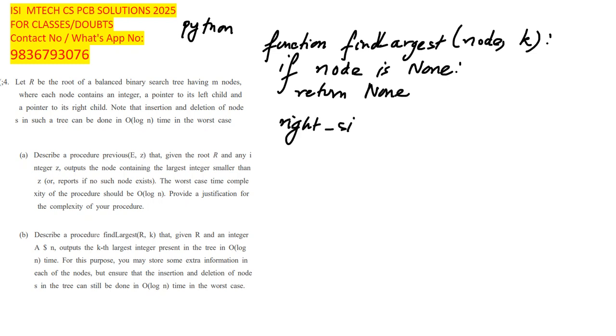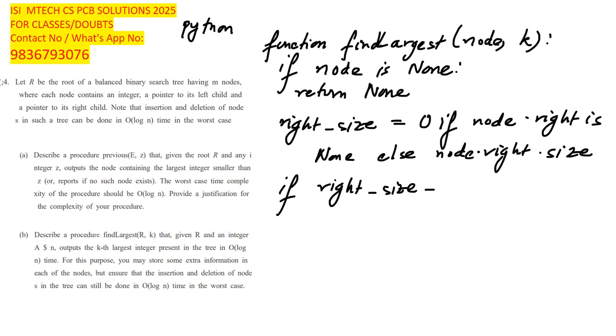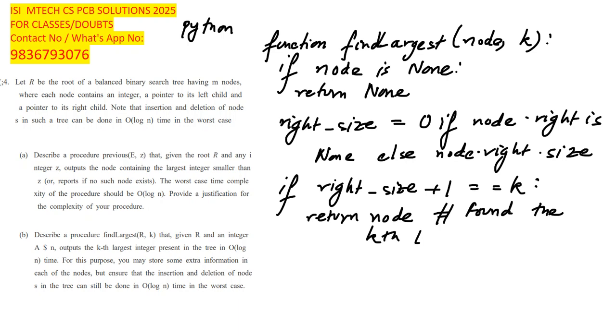And right_size is 0 if node.right is None, else node.right.size. If right_size is k minus 1, then return node, found the kth largest element.